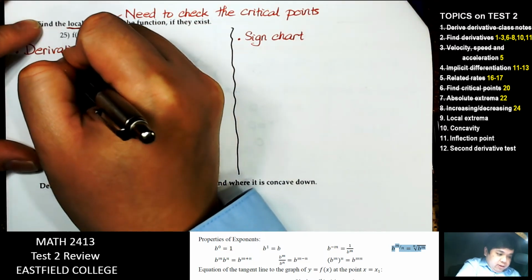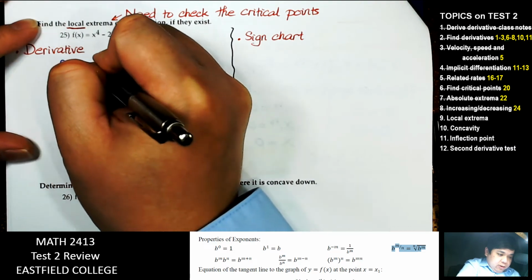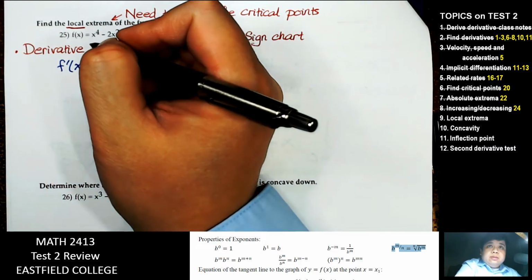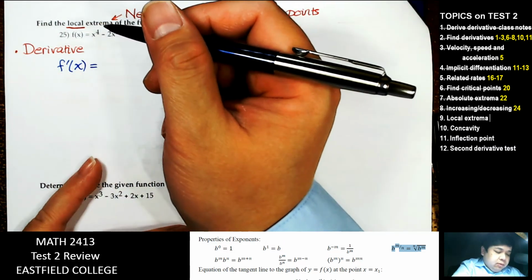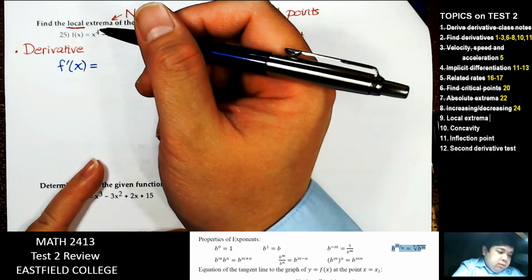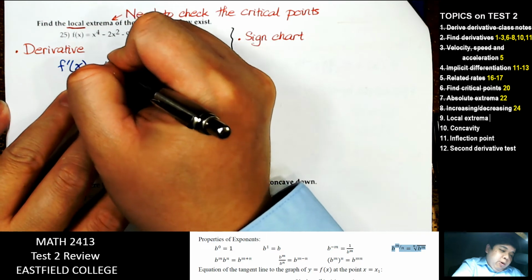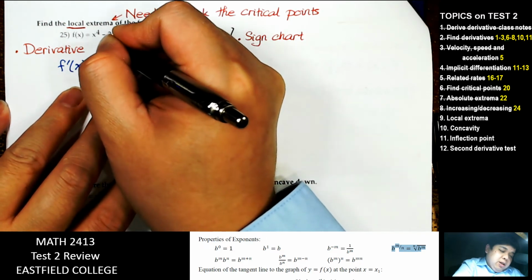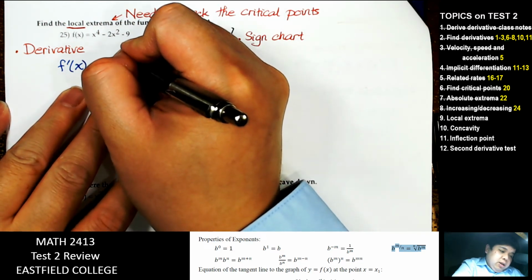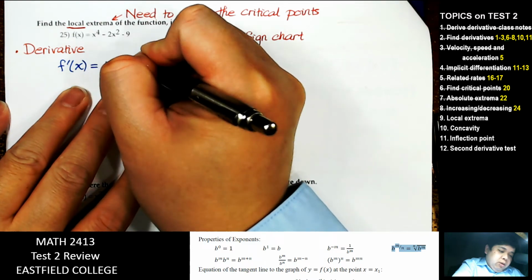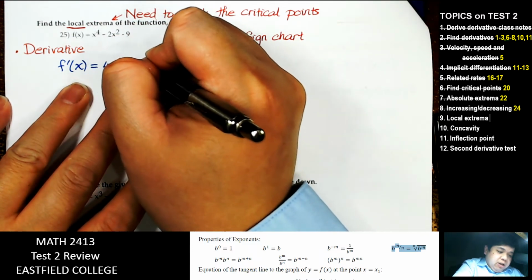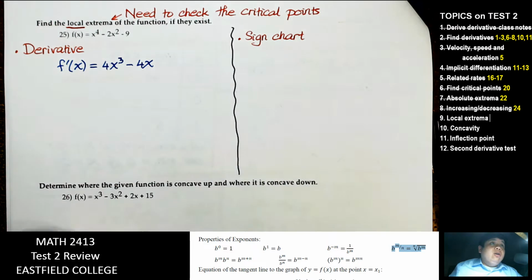Derivative, 4x cubed minus 4x, equal to 0 or does not exist.